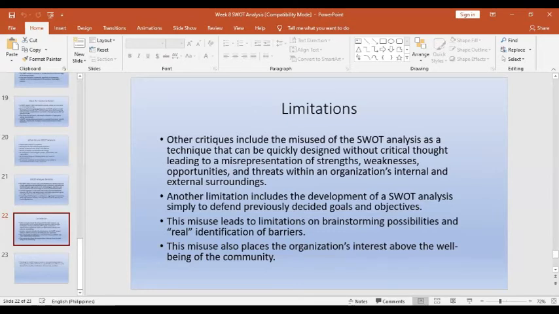Another limitation of the SWOT analysis is about defending the goals and objectives decided previously. If we establish goals and objectives, we have to achieve them first, because there are times that the goals and objectives are not yet met and we have to change them. No, it's not that.